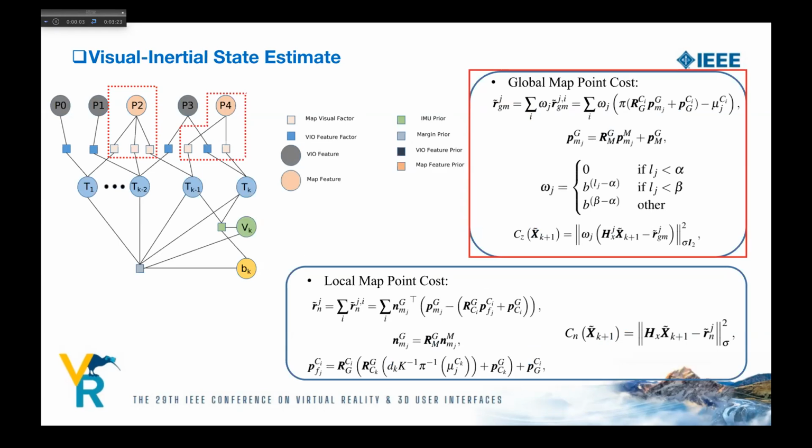As we trust the accuracy of global localization poses, we use projection cost for global map points. In contrast, we use co-planar cost for local map points, assuming local map points and their corresponding local features can be associated with the same plane.